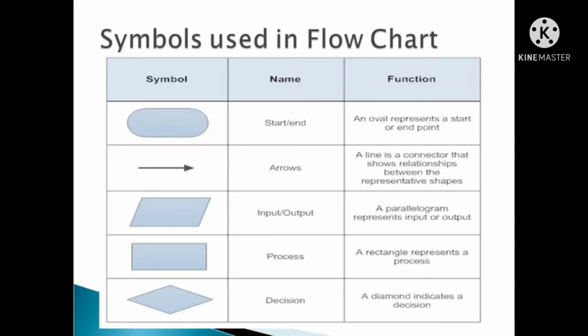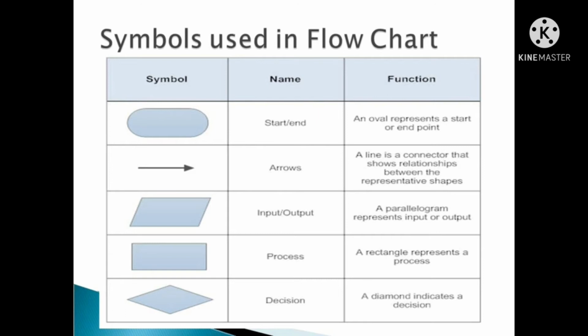There are mainly 5 symbols used in a flowchart. The first symbol is the oval shape. It represents the start or end point. Next one is the arrow. A line is a connector that shows the relationship between the representative shapes.